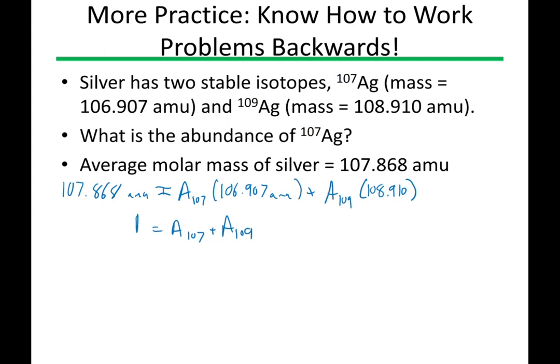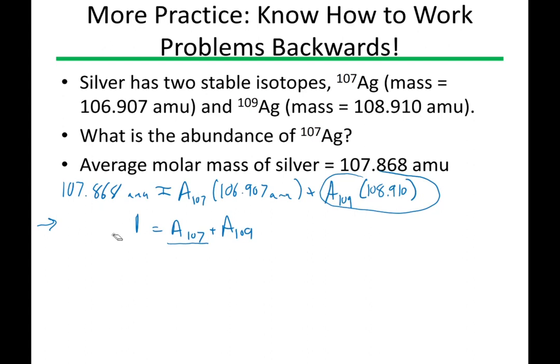So in order to get one of these, and we know that we want the final answer in the abundance of 107, what I can do is multiply this whole equation through by something that'll help me cancel out this value right here. So what I'm going to do is multiply this whole equation by negative 108.910.